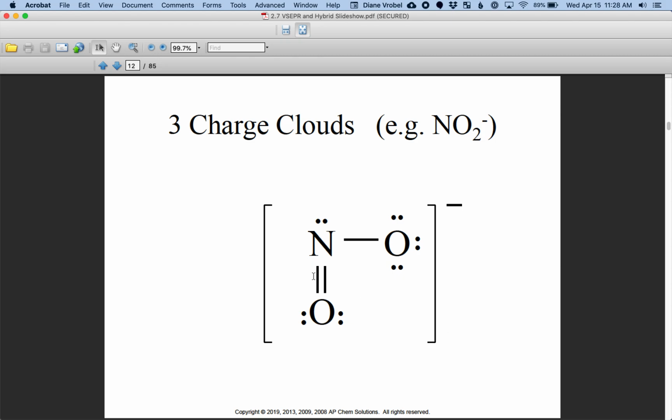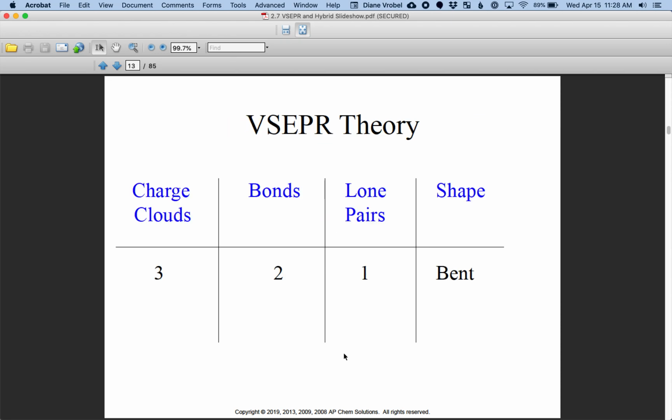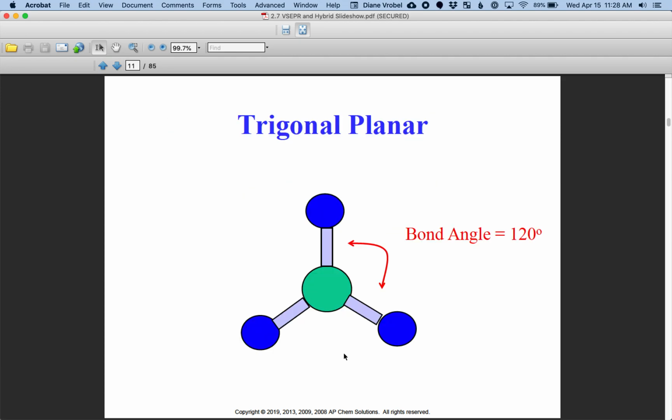And notice that we're counting this double bond underneath nitrogen as a single charge cloud, so don't try to double the charge cloud based on that. So we have two covalent bonds, or two bonding regions, and only one lone pair. Now, this is the difference. We are not going to say that it's trigonal planar, okay?